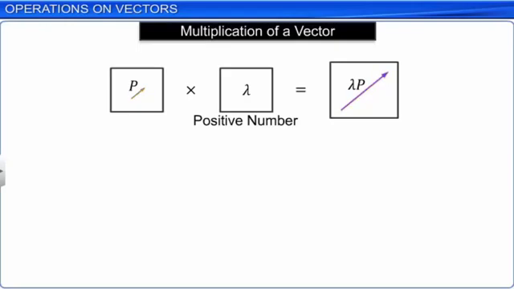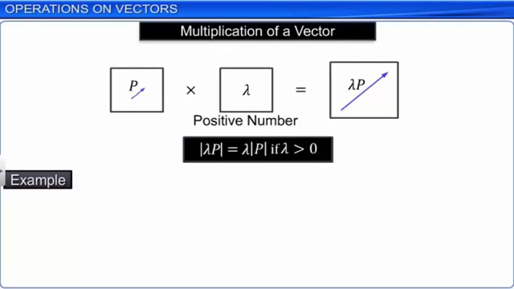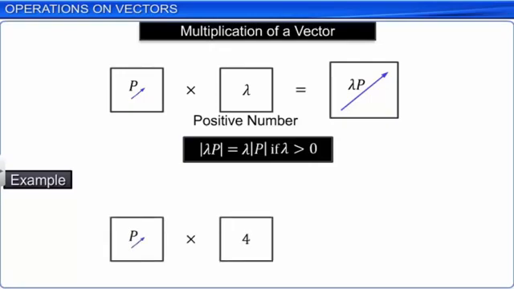Mathematically, it is expressed as mod of lambda p is equal to lambda into mod p. For example, when p is multiplied by 4, the resultant vector is 4p, whose magnitude is 4 times that of mod p.